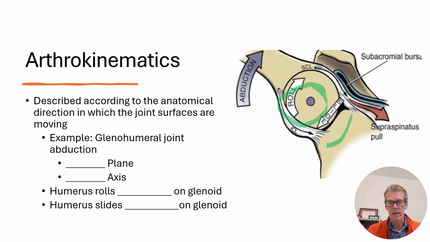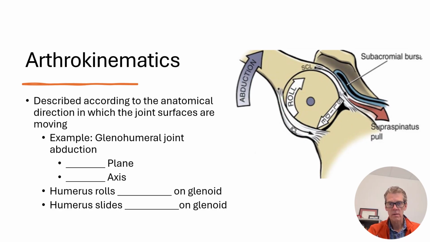So we've got convex on concave, all right? And we're raising the arm in the coronal plane, frontal plane, and our axis is this blue point here. The axis is directed in an anterior and posterior direction. So this is a slice of a coronal plane right through the glenohumeral joint as somebody is raising their arm overhead.